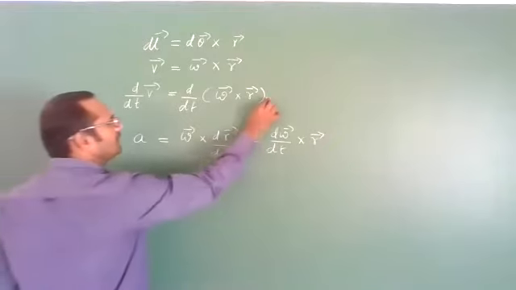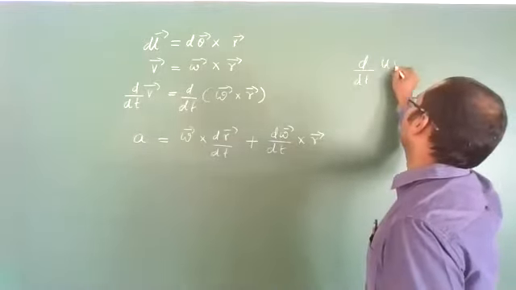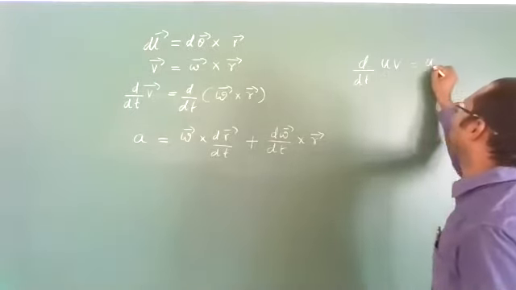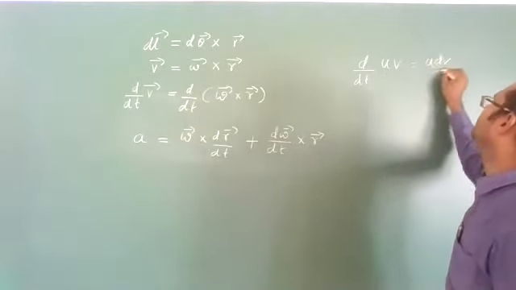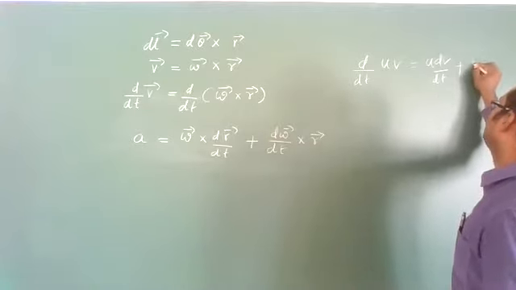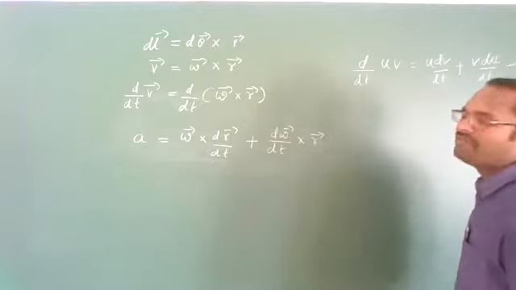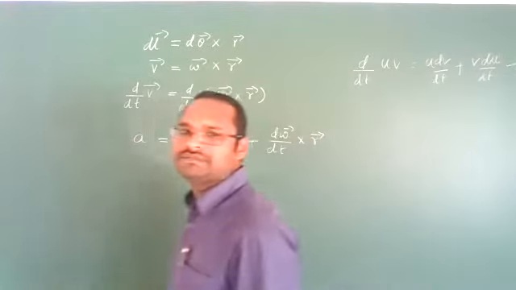Here I am using the formula d by dt of uv equals u dv by dt plus v du by dt. Do you remember this equation?